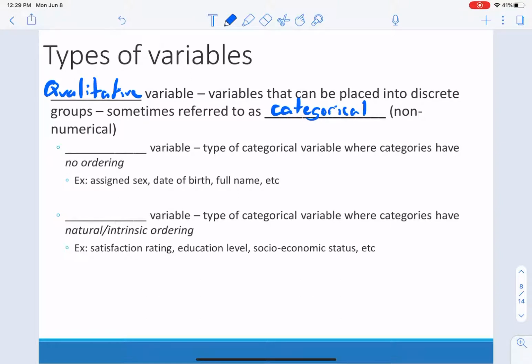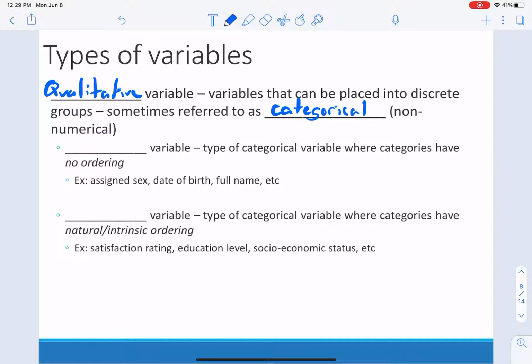So that could be like sex, male, female, race. That could be like income bracket or tax bracket. You're putting things into boxes, essentially. Okay? And then within these categorical variables, we can have two types of categorical variables.